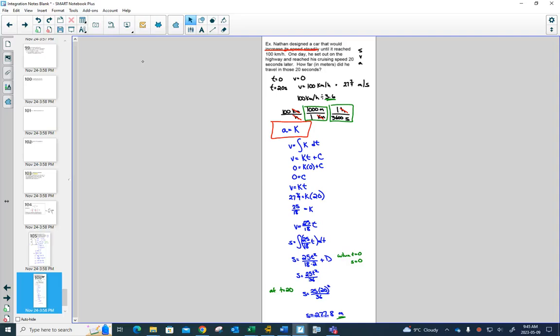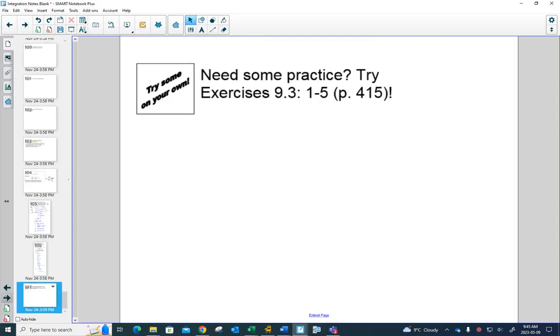The previous one didn't tell you gravity, but you knew gravity. This one doesn't tell you the acceleration, but you know it's some constant number. And maybe if we work our way backwards, especially since they gave us so much information about velocity, we could figure that out. And with that, we are officially done integration.